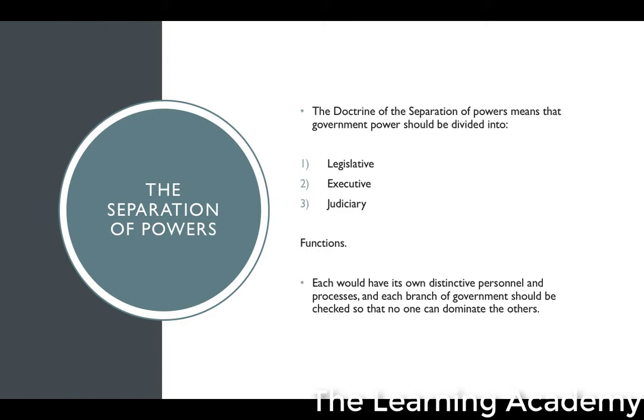In this country we have a legislative branch, which is Parliament, centered around Westminster. We have an executive branch, which is the government, centered around Downing Street. And then we have the judiciary, where the higher judiciary is centered at the Supreme Court.